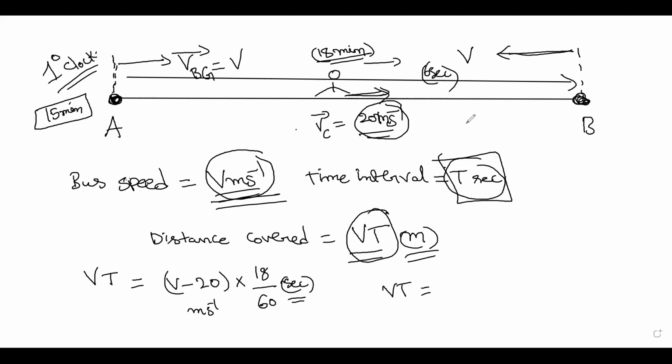Since both are moving in opposite directions, we can write V plus 20, right? V plus 20 into 6 by 60. I converted 6 minutes into seconds. Sorry, 6 minutes he will see every bus. So 6 minutes into seconds, when I convert this, 6 by 60, right?